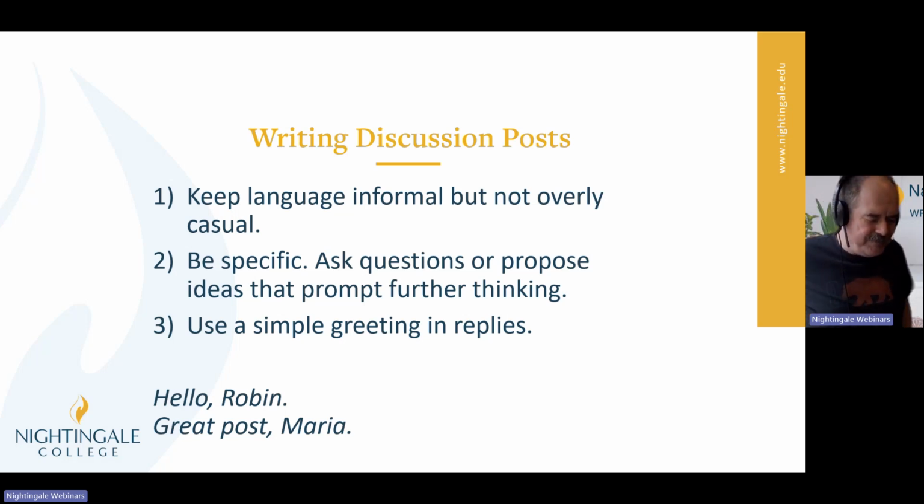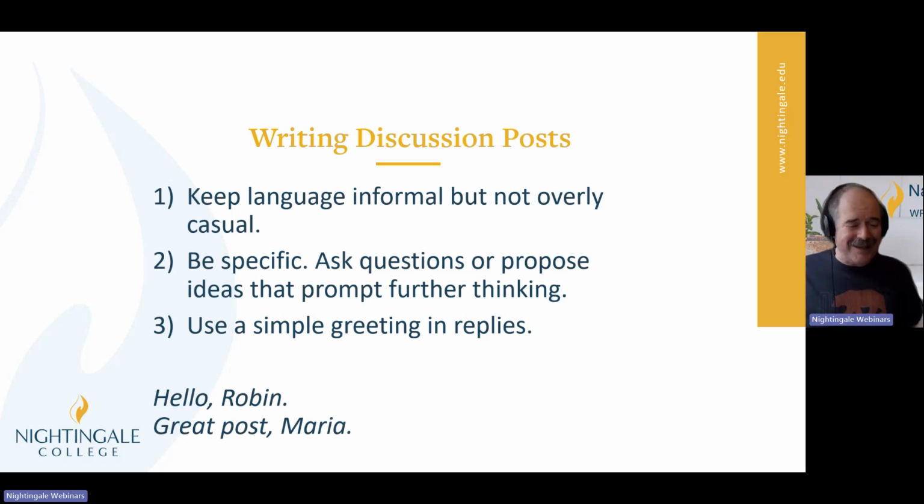But also, these little tags, where you're addressing who you're speaking to in the opening of your discussion post, make it clear to everyone exactly who and what you're addressing.